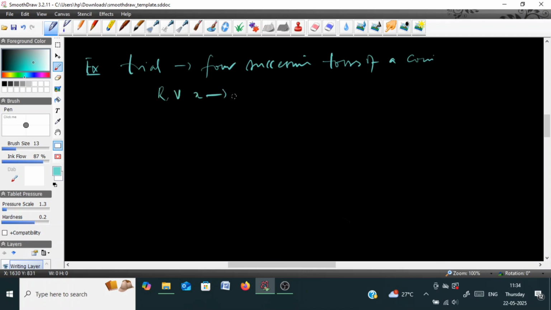Take an example in which we have to plot the CDF of a random variable, where the random variable X is defined as the number of heads appearing in a trial, and the trial consists of 4 successive tosses of a coin.